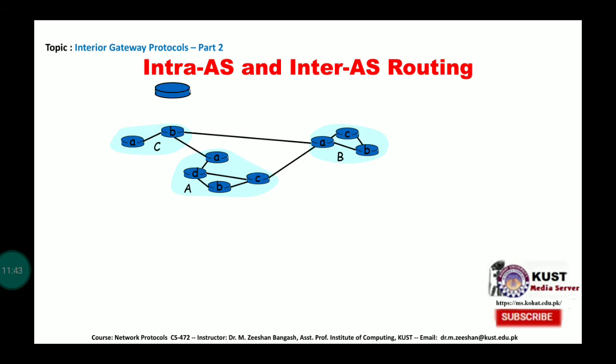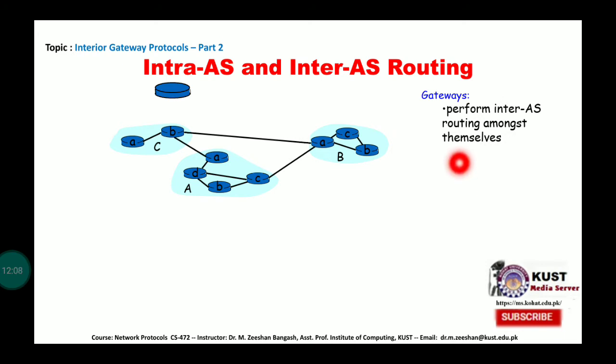routing in which the whole network is divided into different regions. Now, about the gateways, we can highlight that A, C, and B are routers in each region that connect one autonomous system to another autonomous system. So what are the functions of gateways?